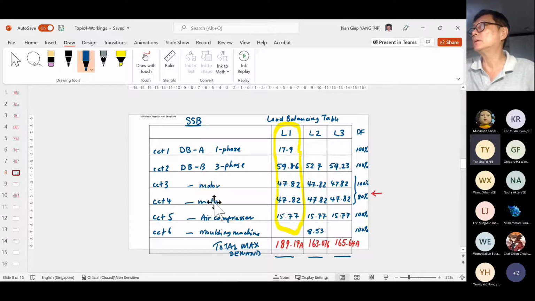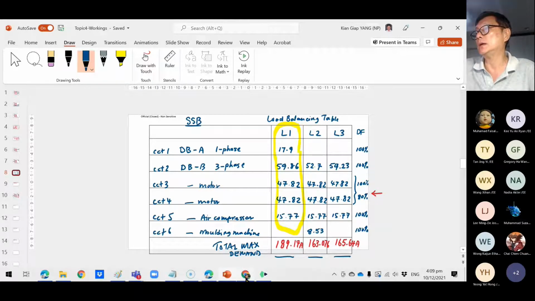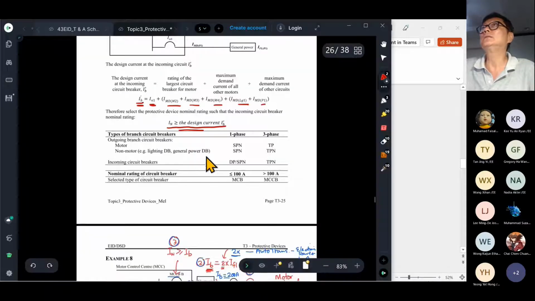But circuits 3 and 4, you merge them together? No, 3 and 4, I don't merge. You must remember there are two different circuits. If I follow the diversity factor for this motor circuit, where do I get this 100% and 80%? It actually comes from the diversity factor table that we use every time.